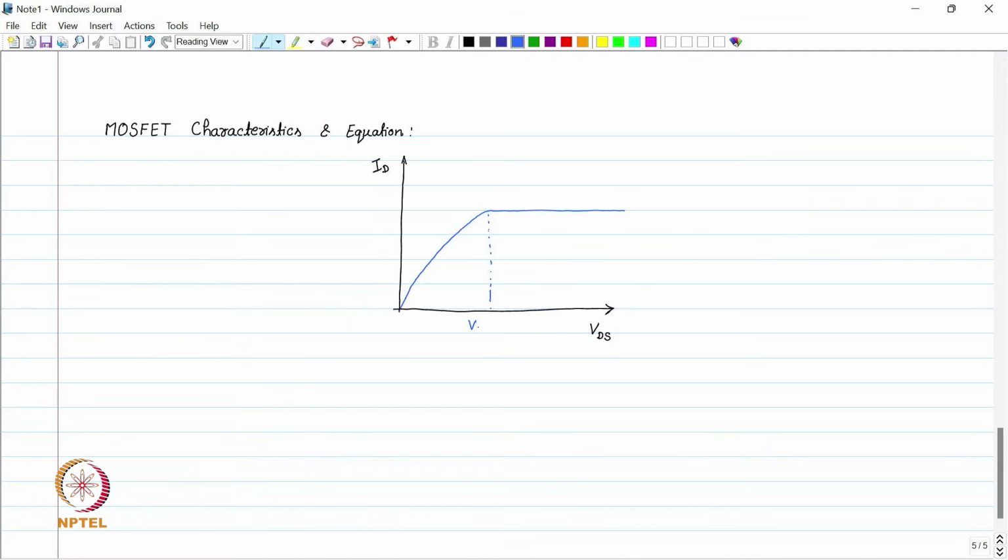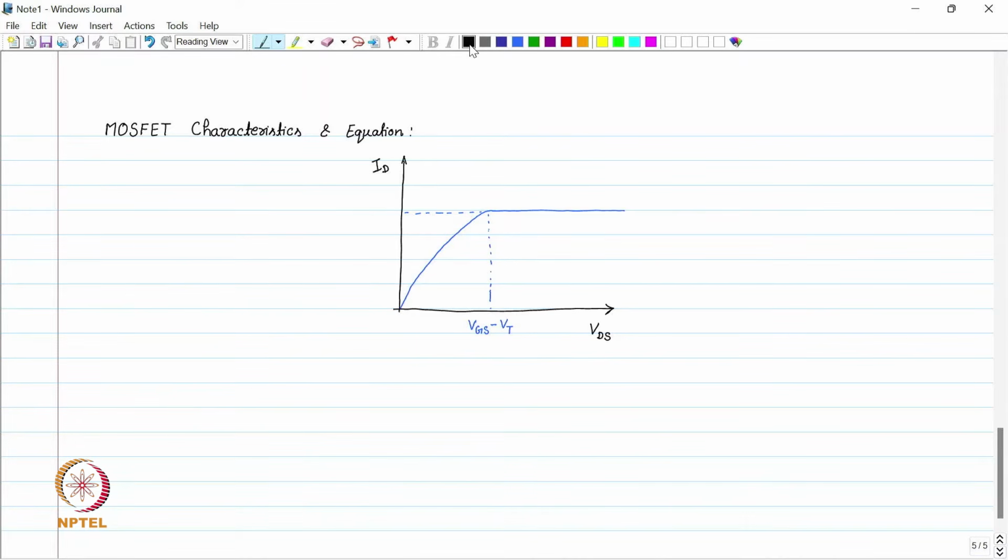This is the point VGS minus VT. VT is the threshold voltage of a transistor, and then we have a saturation current.